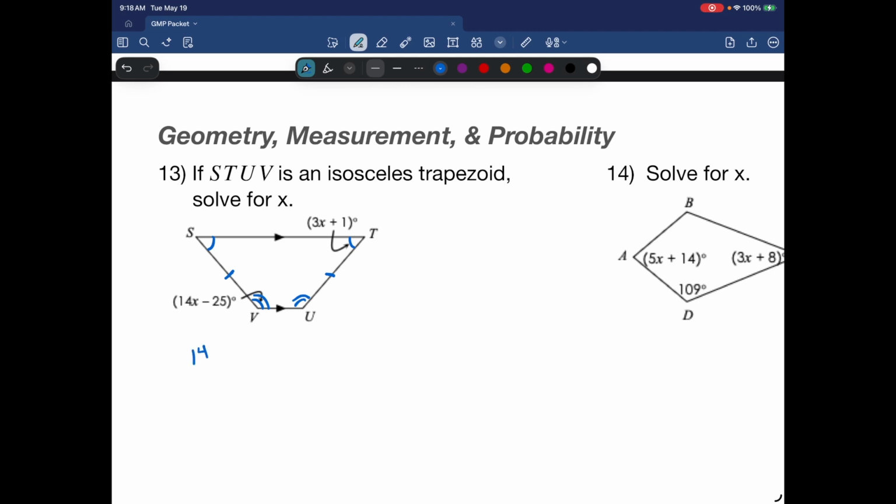So 14x minus 25 plus 3x plus 1 equals 180. This is going to give you 17x minus 24 equals 180. 17x equals 204. X equals 12.